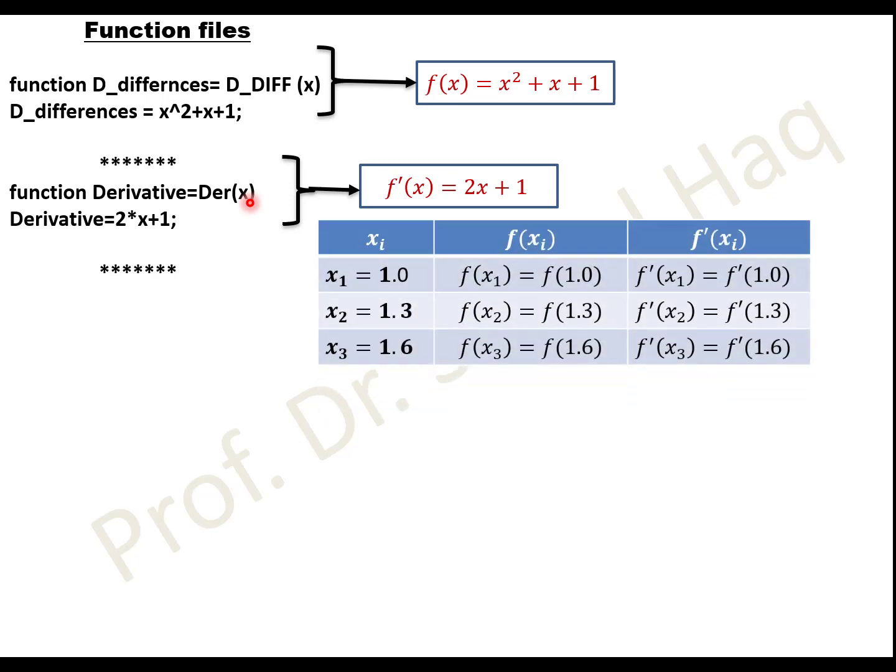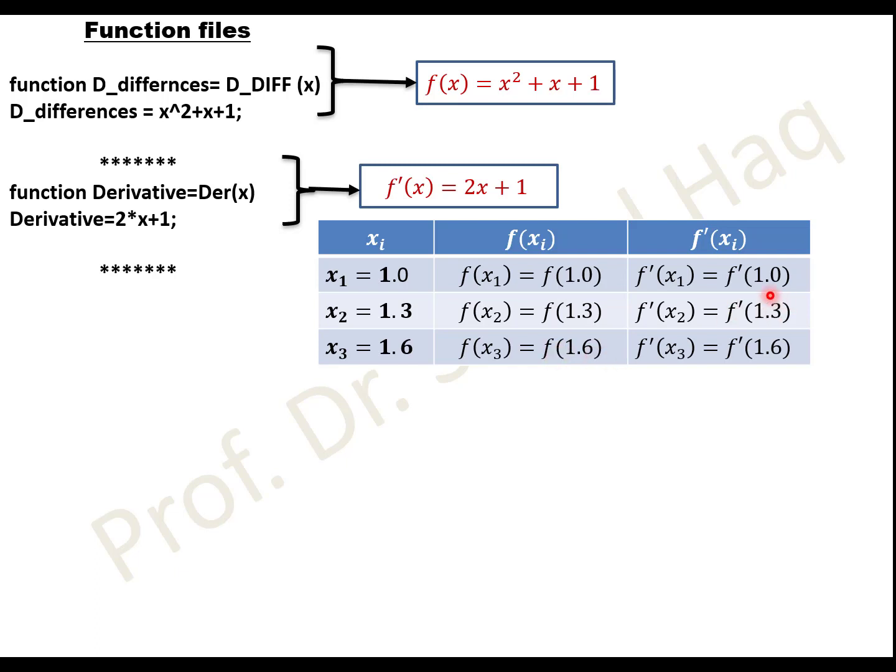Let's assume this is the target. I have data points 1, 1.3, 1.6, values of the function, derivatives of the function at the data points. Function is here. If you send x is equal to 1, it will compute this value for you. X is equal to 1.3 to this function file, it will give you this value. X is equal to 1.6, it will give you this value.